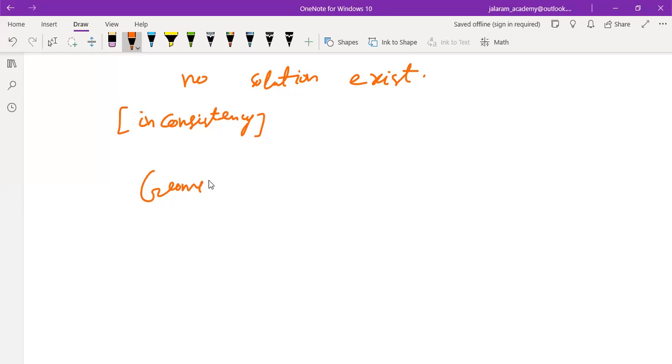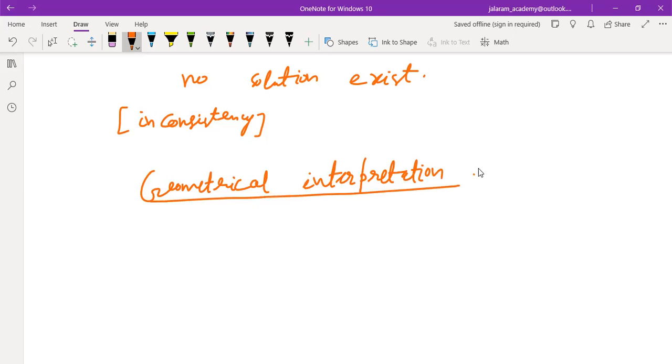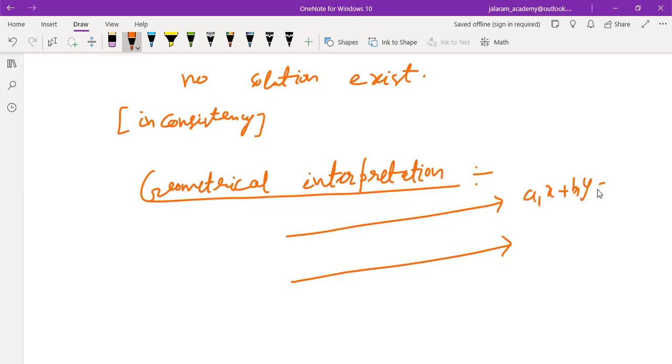Geometrically, these two lines are parallel lines. The first line a1x plus b1y equals c1, and the second line a2x plus b2y equals c2 are parallel lines.